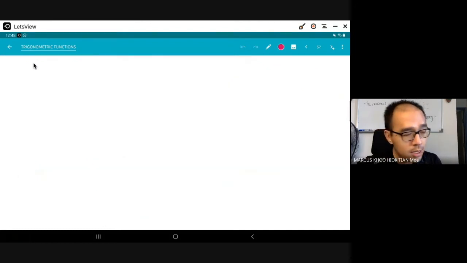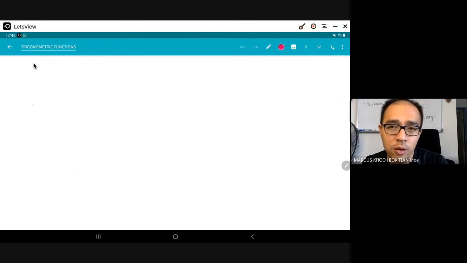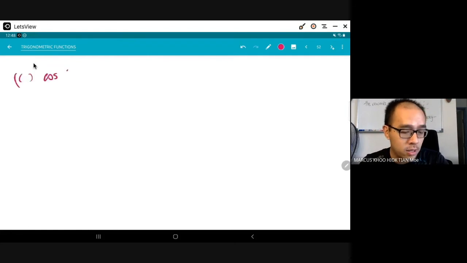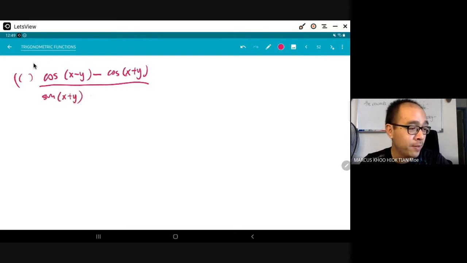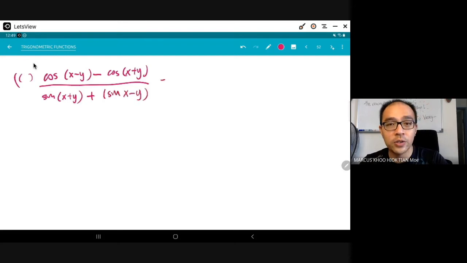All right, let's do another one. Let's do something that looks more complicated. Let's try question C. C sounds fun. So we want to prove that cos x minus y minus cos x plus y over sine x plus y plus sine x minus y equals tangent y.